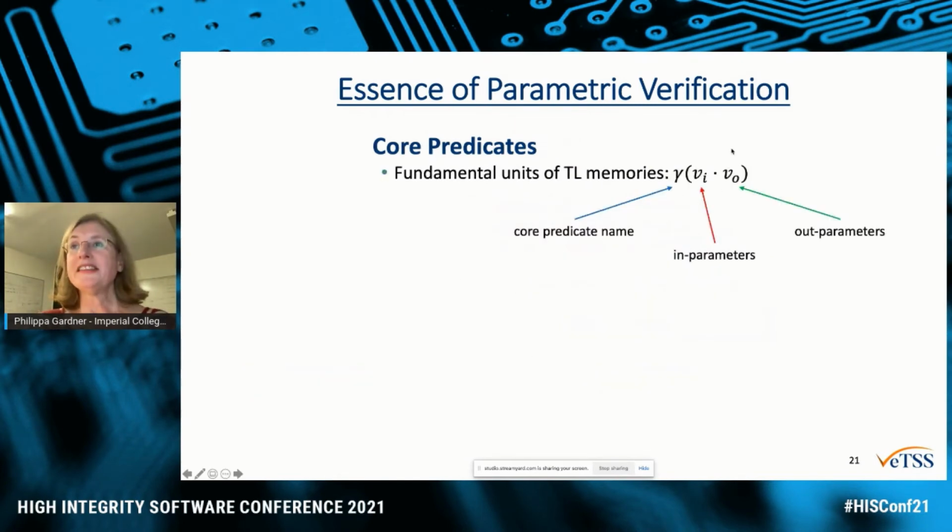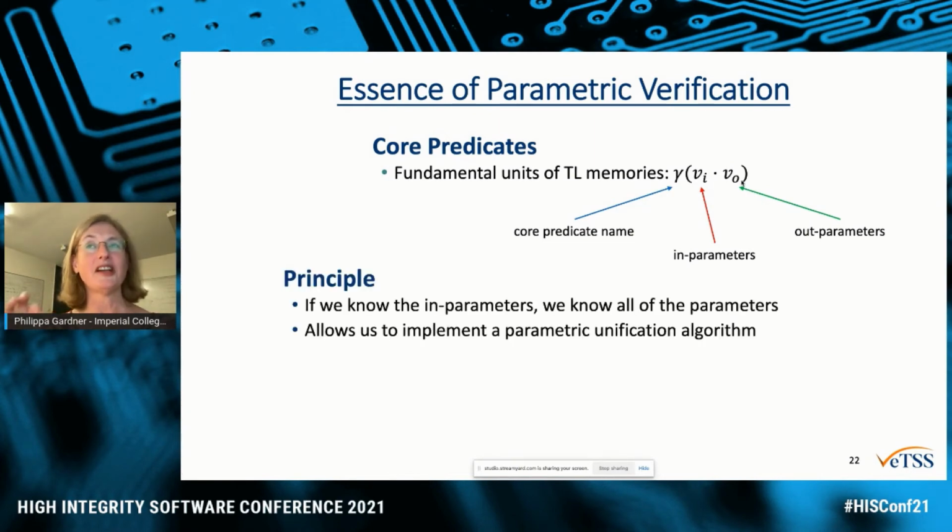And the core predicates have this form. A Greek name, because we're formalists, sorry for those who are not so happy with that, and input parameters and output parameters. Input parameters are enough to find all parameters in the sense that we have a parametric unification algorithm.